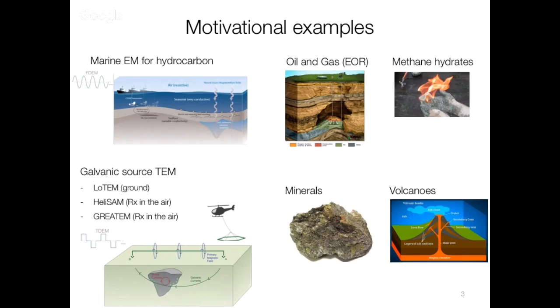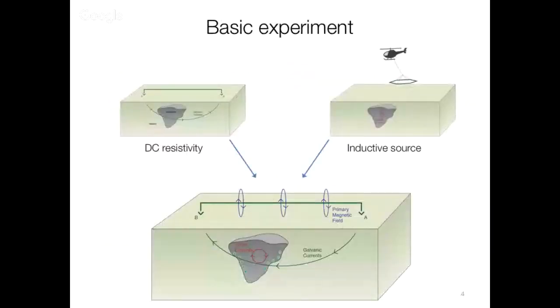So lots of reasons: methane hydrates, volcanoes, and a number of examples where you want a grounded electrode but put in time varying current.